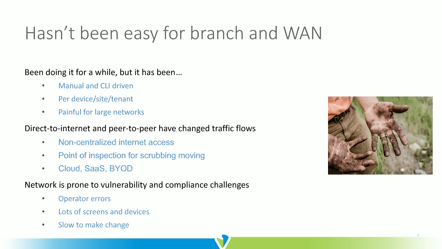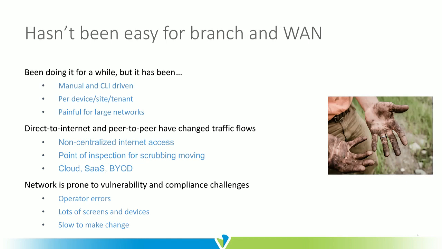And the reason why it hasn't, as we look through the points here, is that it's typically been manual and CLI driven as far as how you want to configure your routers, your ACLs for the routers, how you want to map and drive your policy-based routing statements, and deal with your choice of transport and how you want to choose your transport if you're using hybrid WAN or trying to.